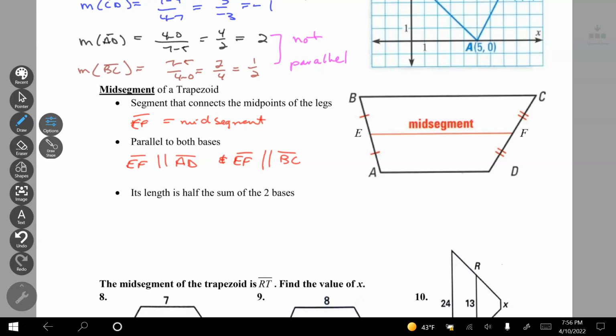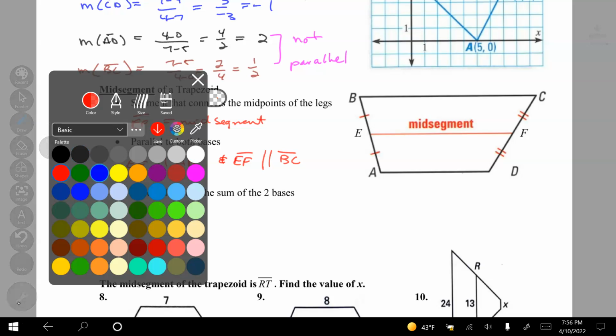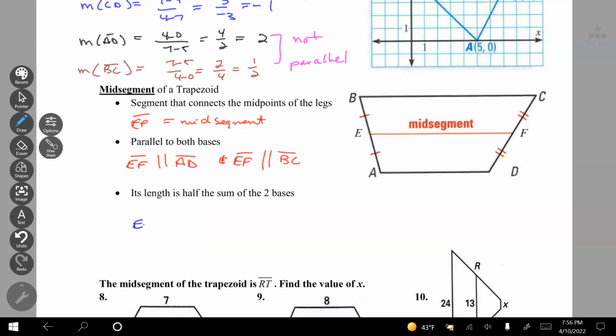And the actual length of that segment EF is equal to the average of the other two sides, or half of the sum. So EF is equal to 1/2 times AD plus BC, or in words, the mid-segment equals half of one base plus the other base.